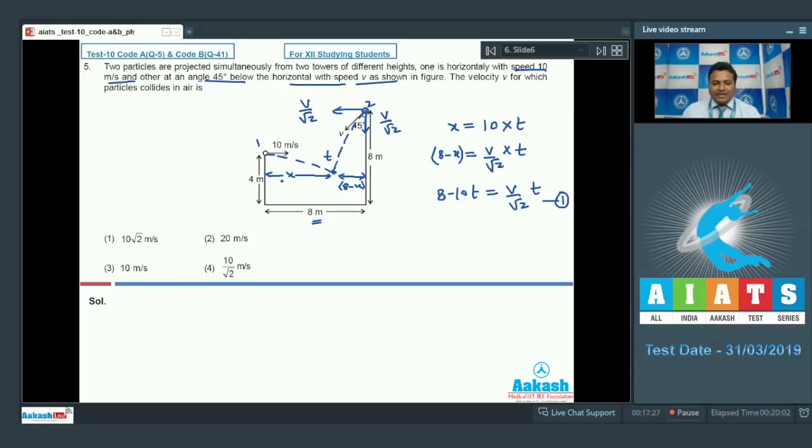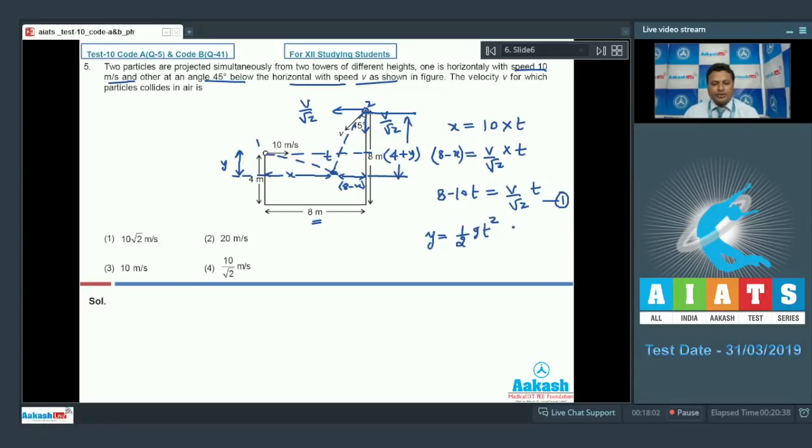Now what will be the vertical distances covered by them? Suppose particle 1 has covered vertical distance y, then particle number 2 will cover a vertical distance of 4 plus y. So vertical distance covered by particle 1 is y equals half gt square.